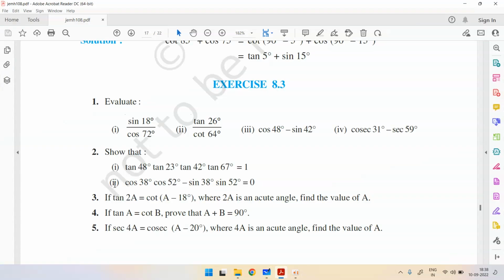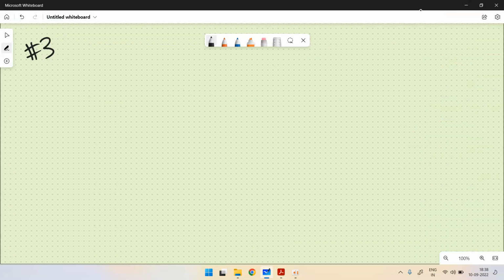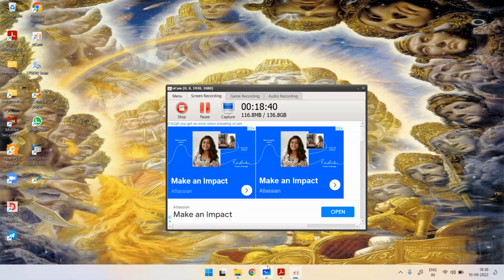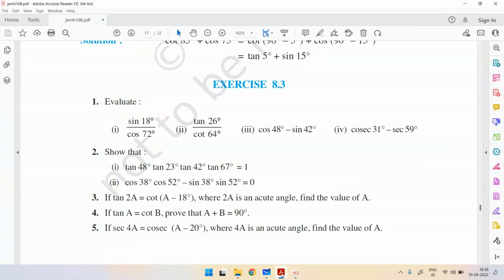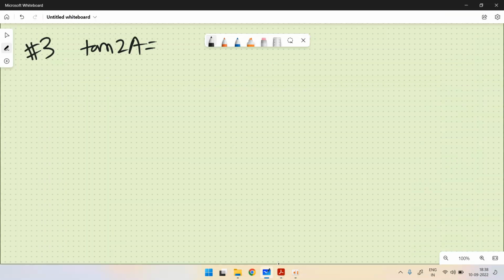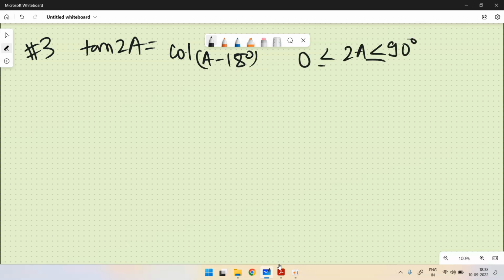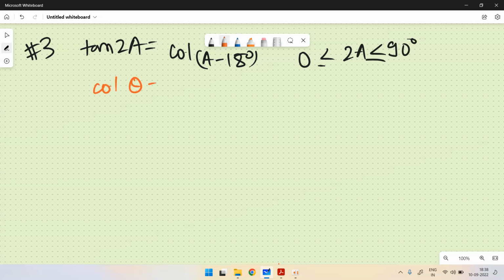It says that if 2 tan 2a equal to cot a minus 18, where 2a is an acute angle, find the value of a. Now tan 2a is equal to cot of a minus 18 degree, and 2a is an acute angle, meaning 2a is less than 90 degree. You know that cot of theta is nothing but tan of 90 minus theta.